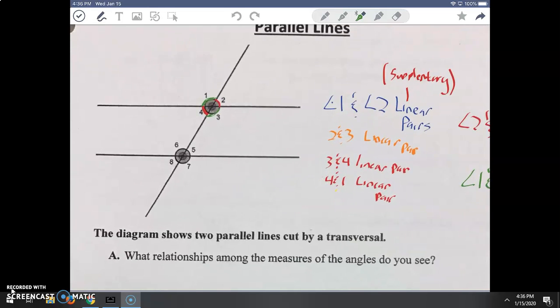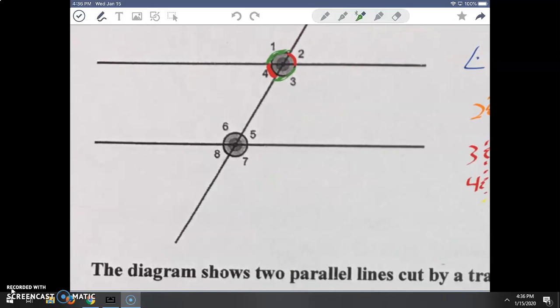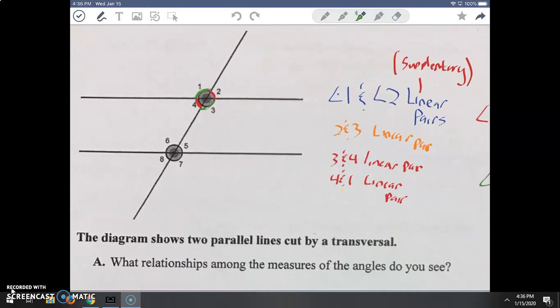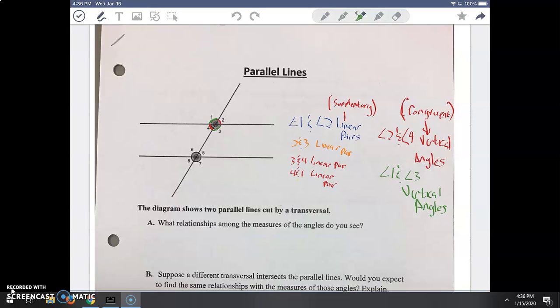Now if you look down here at the bottom, it basically mirrors the exact same thing as what you see right above it. So all the same rules apply as what we did from the intersection above.